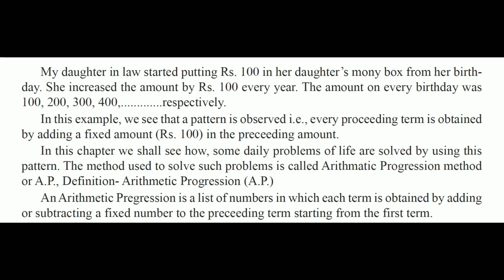At each step we are increasing the terms by 7, or we are adding 7, and the starting term was 7 itself: 7, 14, 21, 28, 35 and so on. It is also a pattern. The similar was the pattern made by the lady, starting with 100 and every year increasing by 100.